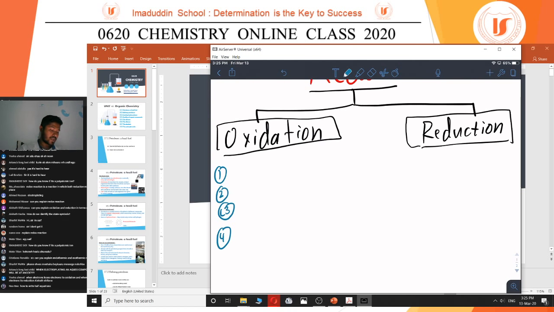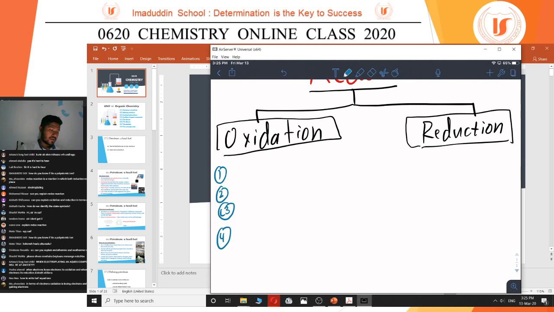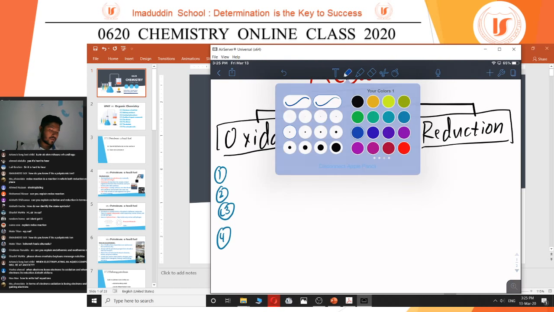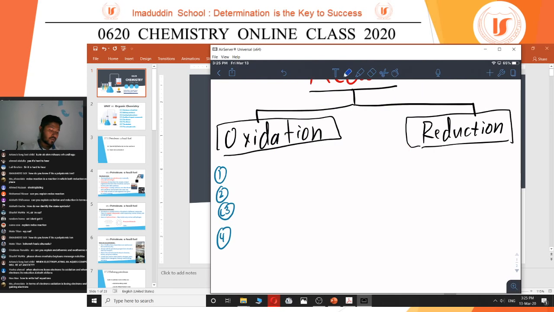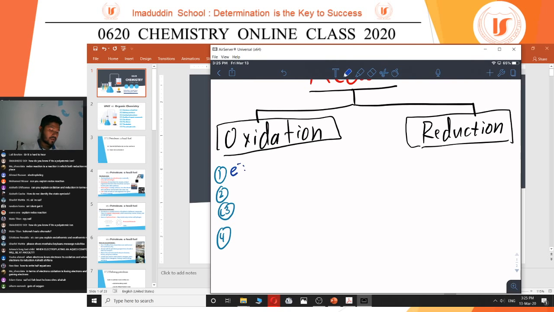When you answer the question, what is oxidation, you can answer in terms of electron, you can answer in terms of oxygen, you can answer in terms of hydrogen, and you can answer in terms of oxidation number.